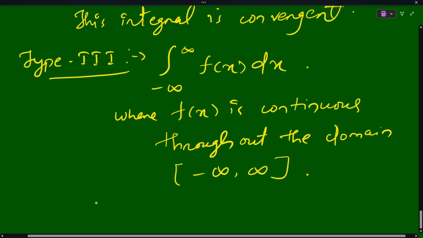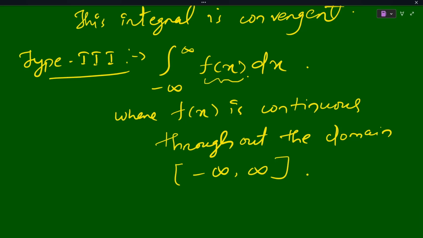So whatever may be the function, it is always continuous in this domain. Suppose all constant functions, x, then e to the power x, such functions are continuous throughout the domain. So for such functions we can find this type of integration.